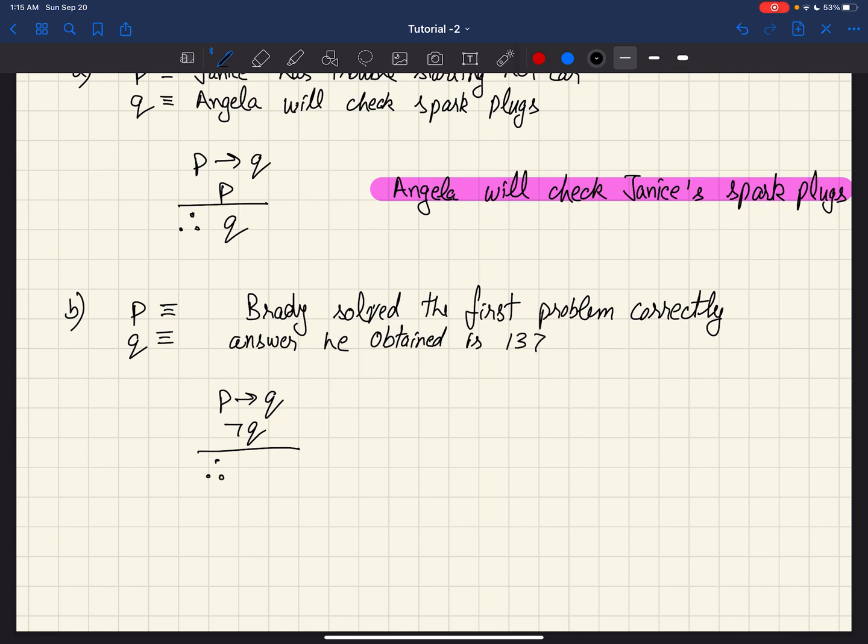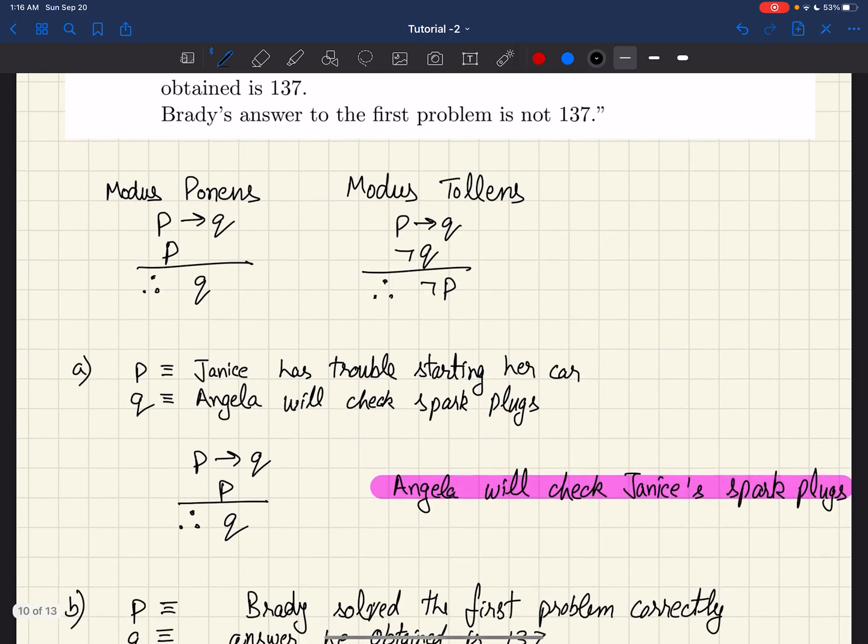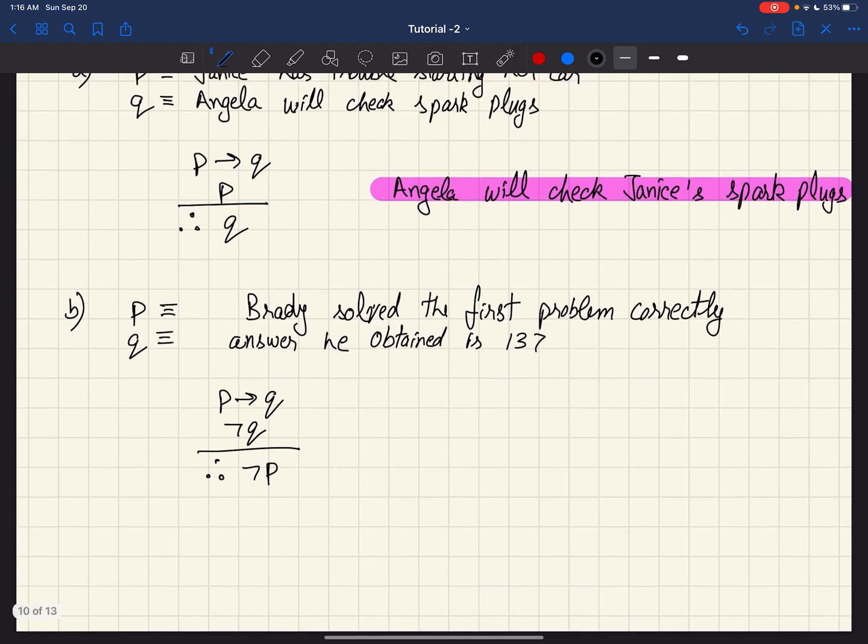Our conclusion would be not P. This is using modus tollens.